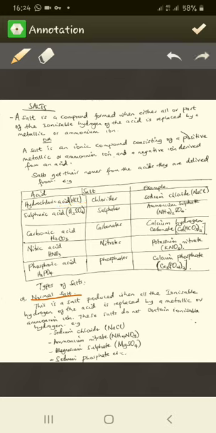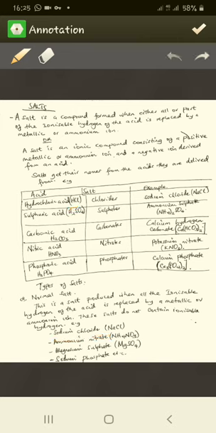So a normal salt is a salt produced when all the ionizable hydrogen of the acid is replaced by a metallic or ammonium ion. Examples: I have sodium chloride where sodium has replaced all the hydrogen of hydrochloric acid.